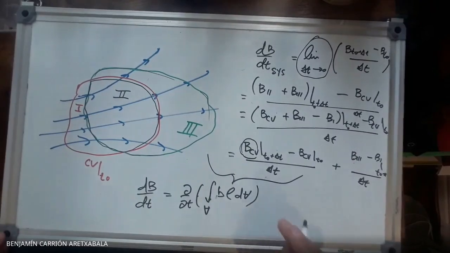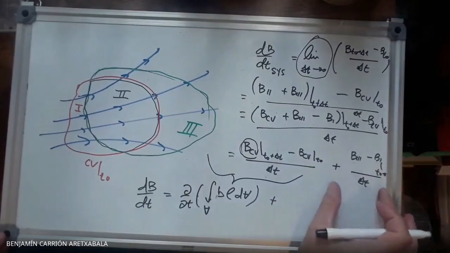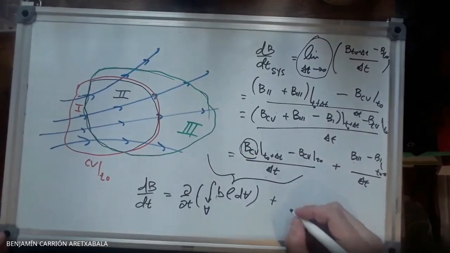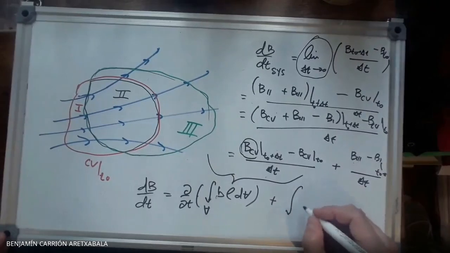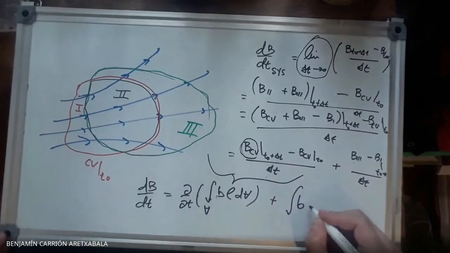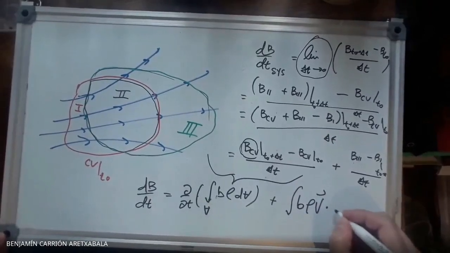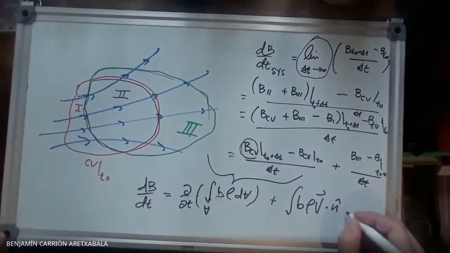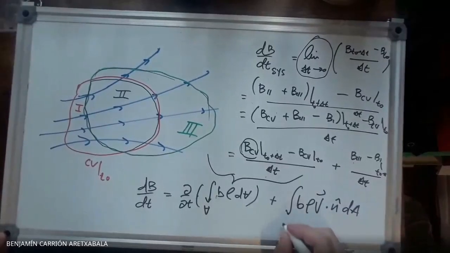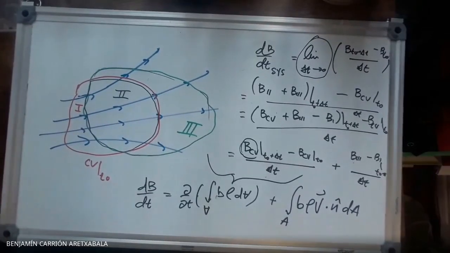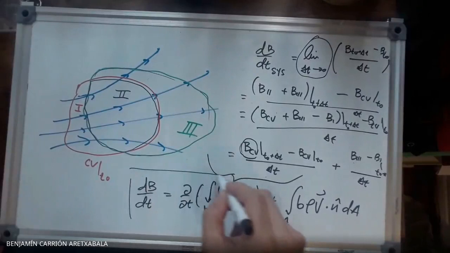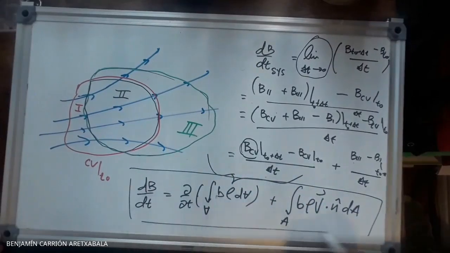You can see it later on, but these are actually the fluxes of the property along the boundaries of your control volume. So this formally can be written down as the flow of b times rho times the velocity projected over the normal, and you integrate this over the area. Okay, and this is the Reynolds transport theorem.